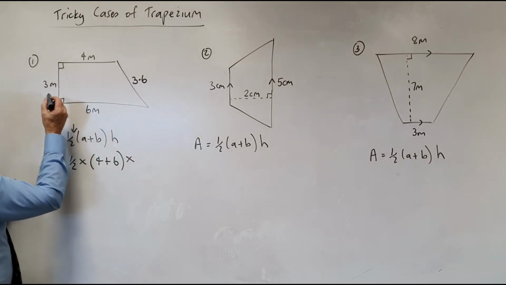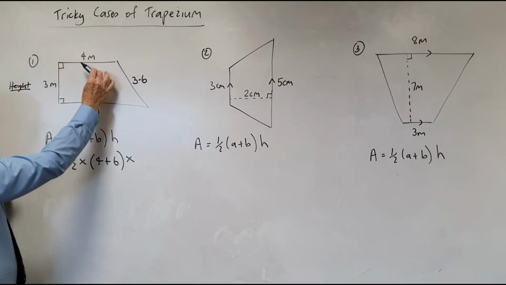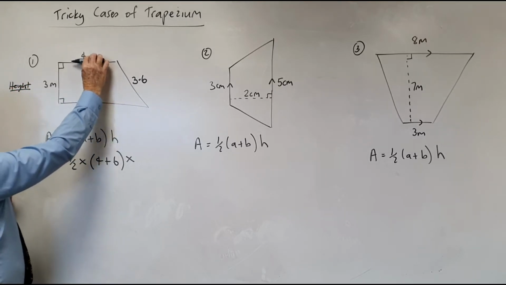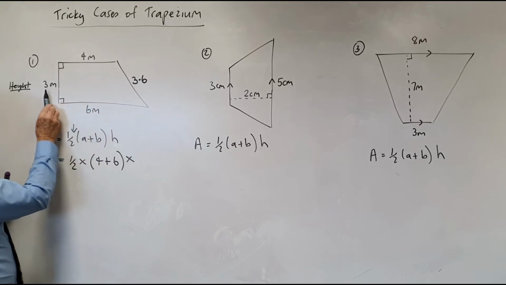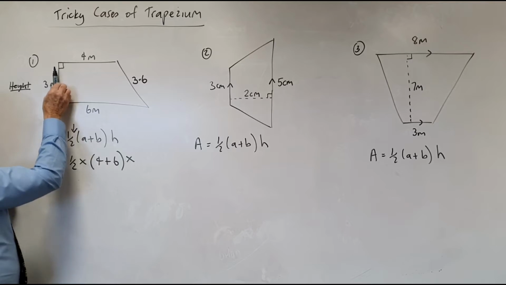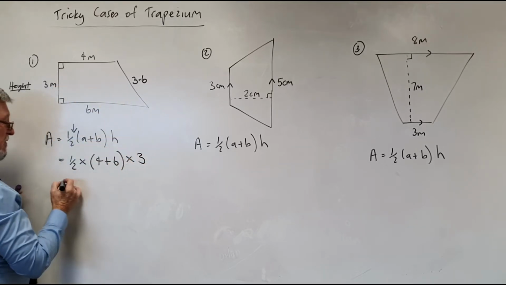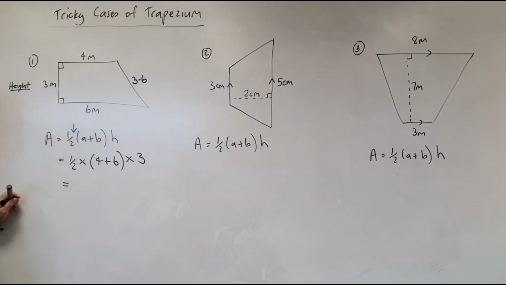So on this one, this is called the height here. Why it's called the height is it's how far it is between the railway tracks. So we won't get a railway track with 3 metres wide, but if we've got parallel lines with 3 metres wide, the distance between the parallel lines is the height. And then if you want to, you can put that in your calculator or just write the answer in.